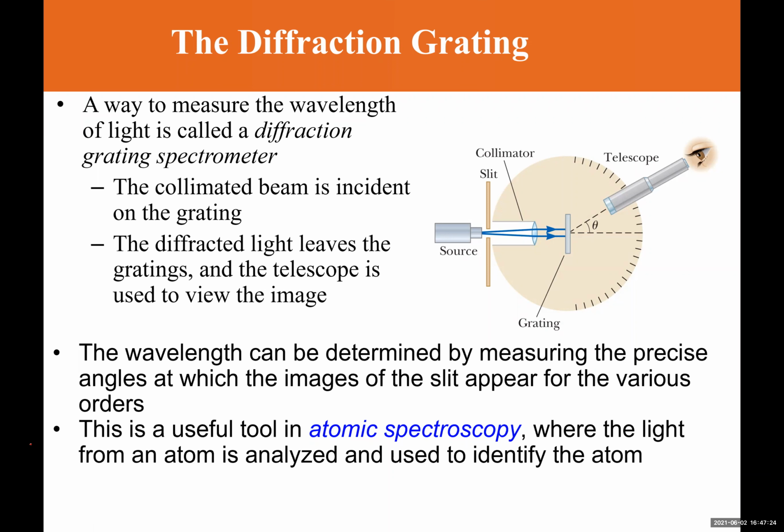Diffraction grating allows us to see those patterns, because when light goes through hydrogen, it has a unique signature, with different wavelengths, different absorption and emission, so a pattern for those.